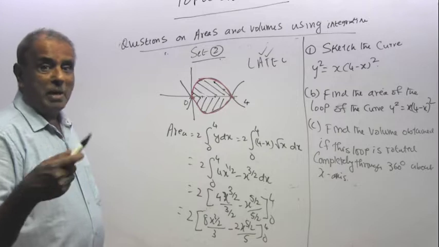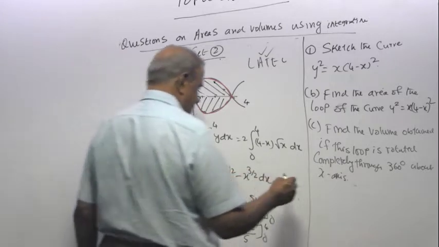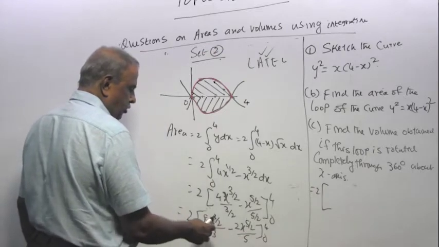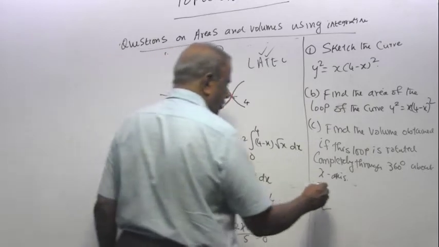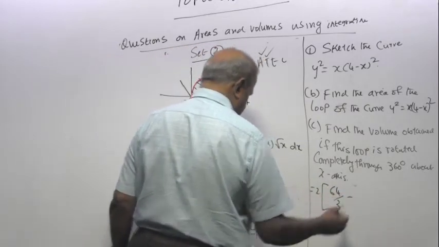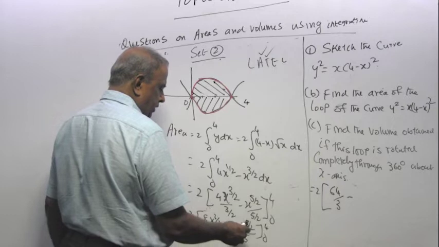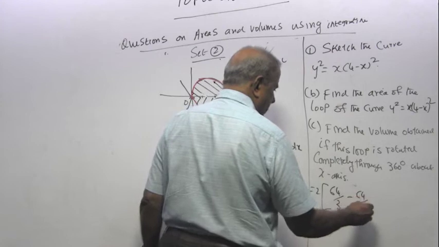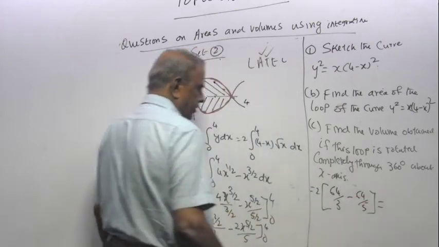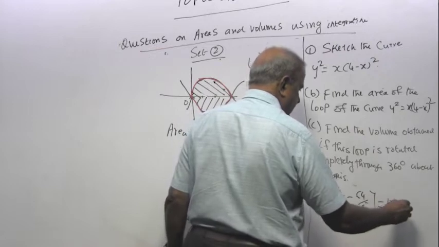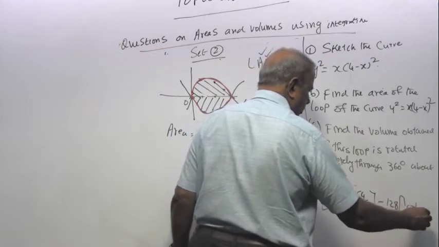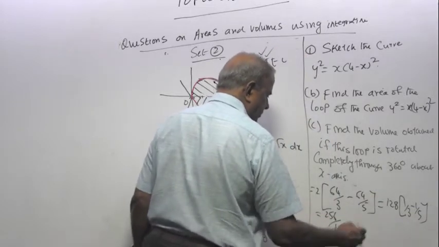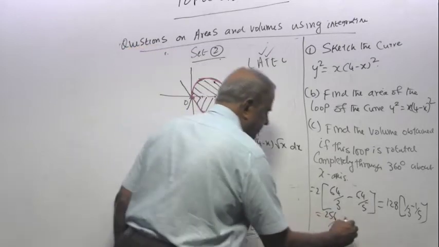Fractional power, so you might go wrong. So don't simplify. Agreed? So 2 times, when you put x as 4, square root of 4 is 2, 2 cubed is 8, 8 times 8 is 64 over 3, minus square root of 4 is 2, 2 to the power 5 is 32, 32 times 2 is 64, 64 over 5. That's 128 times (1 over 3 minus 1 over 5), which is 2 over 15. So it is 256 over 15 unit squared.